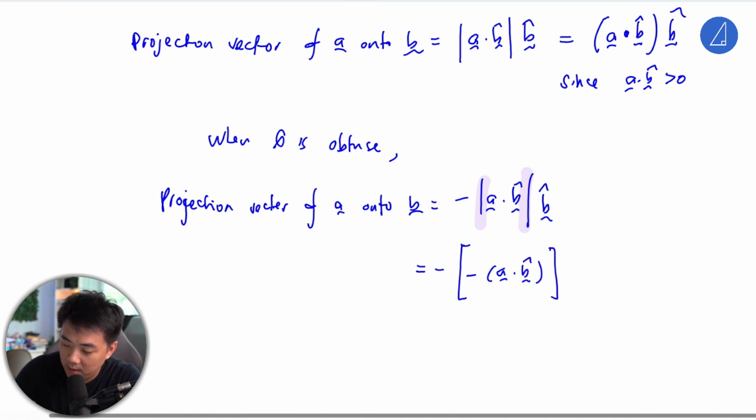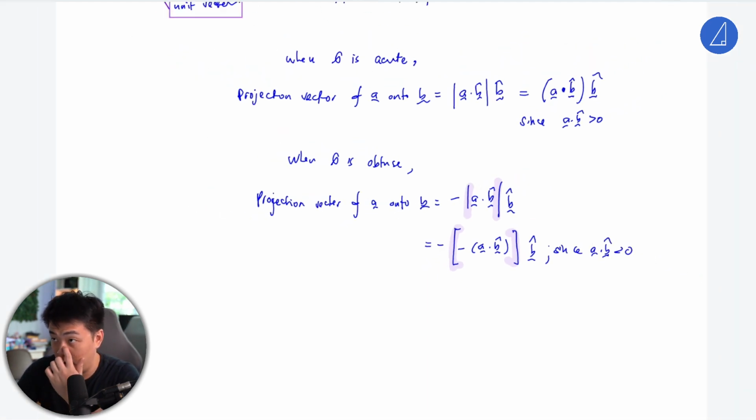For this, you open up the modulus, so this is mod B unit vector, since A dot B is less than 0. To mod means I need to make it positive. So it just happens that we can put a negative in front to make this positive. Opening up the modulus means that we need to pick one, right? We need to pick one.